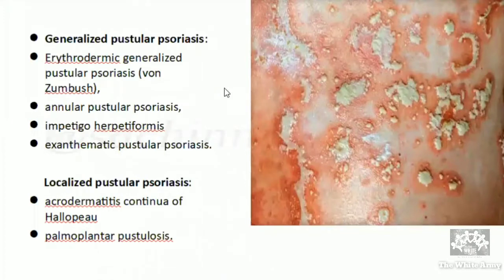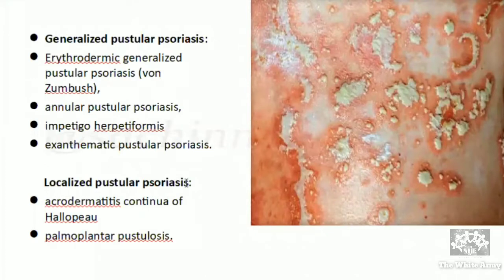Okay, so this pustular psoriasis is further divided into different types, generally generalized and localized. The generalized are further divided into erythrodermic pustular psoriasis of Von Zumbusch, annular pustular psoriasis, impetigo herpetiformis. Impetigo herpetiformis is nothing but pustular psoriasis in pregnancy, right? And exanthematic pustular psoriasis.